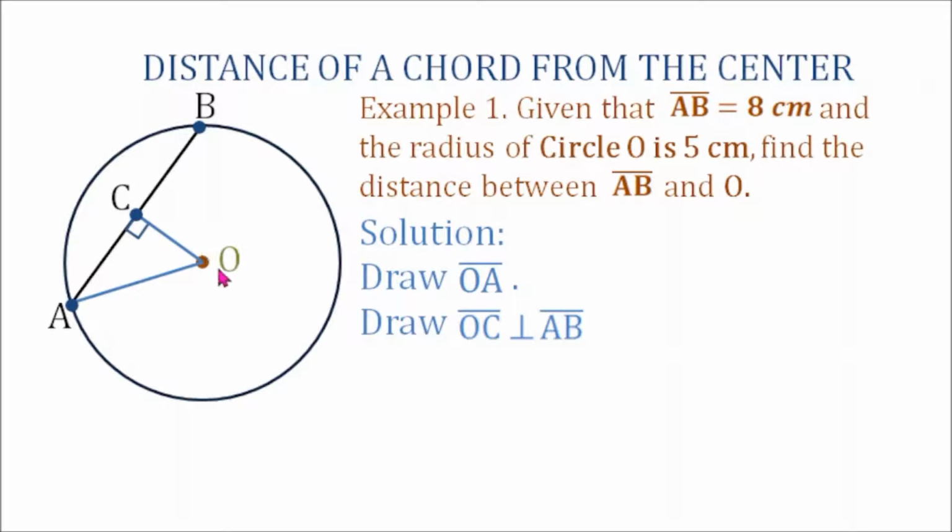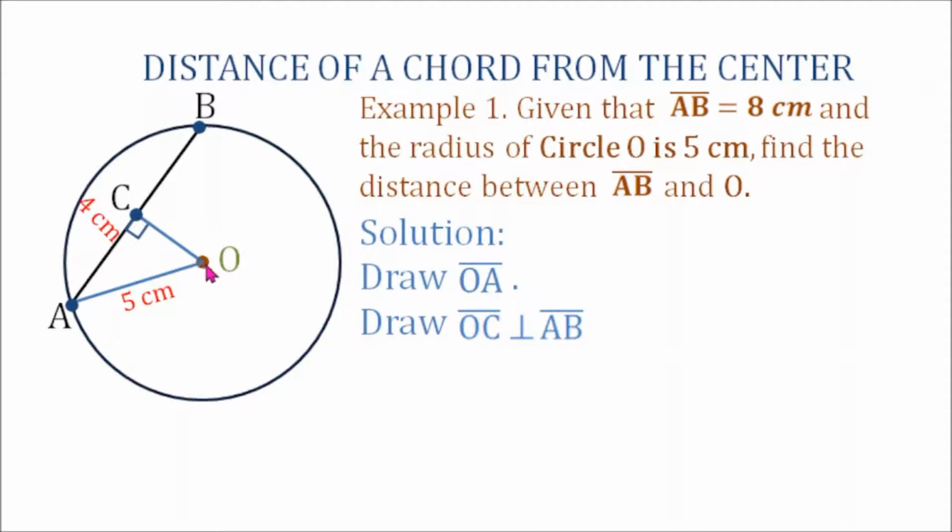Now we have a right triangle. Since the radius is 5 cm, this means line segment OA is 5 cm. Since line segment AB equals 8 cm, this means AC equals 4 cm.